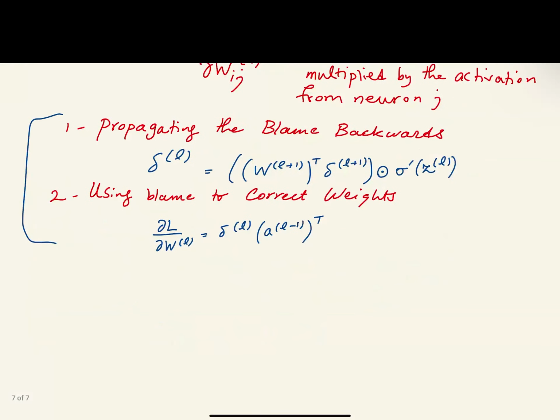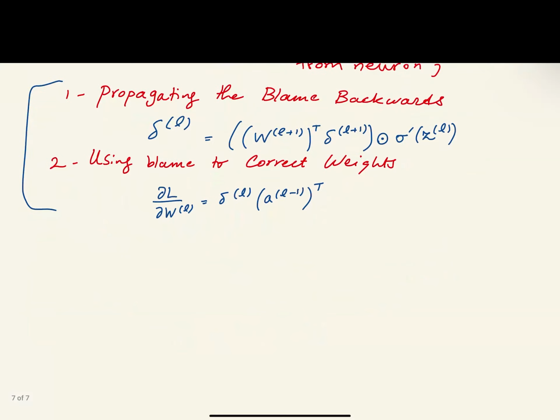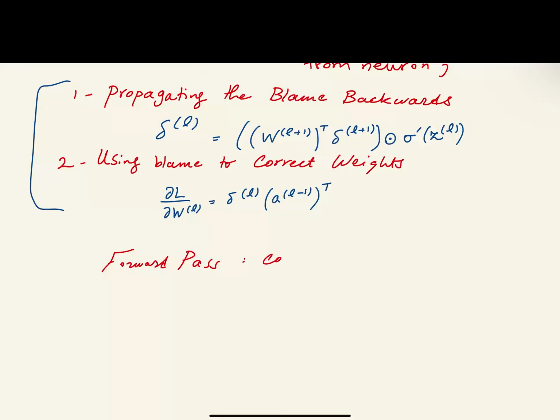So let's look at what this algorithm does. It's basically just the chain rule that computes the gradients efficiently. It works in two passes. There is a forward pass that computes the activations and stores the intermediate values.